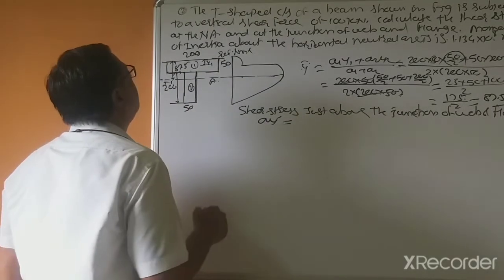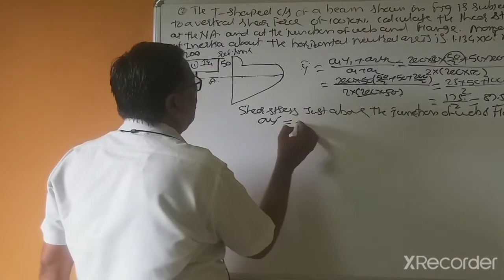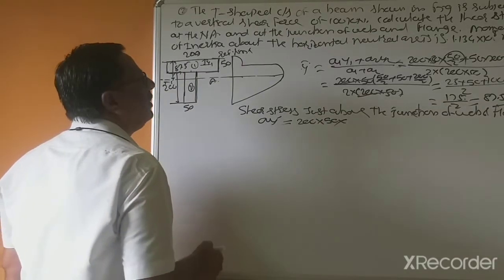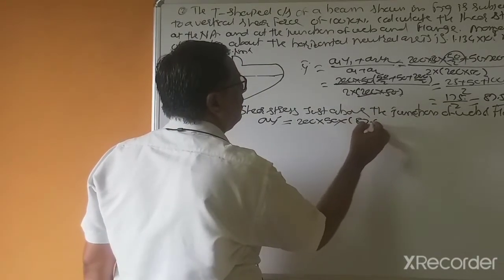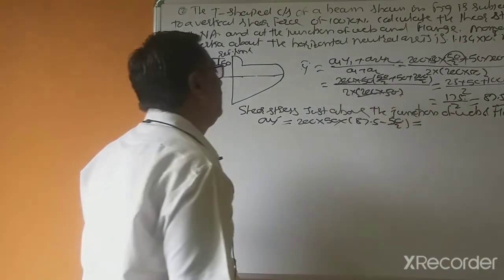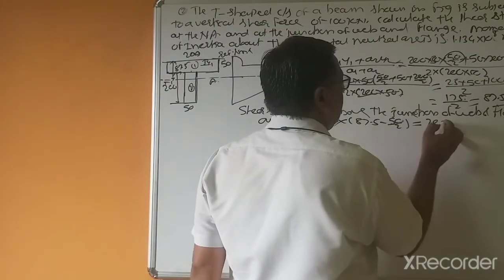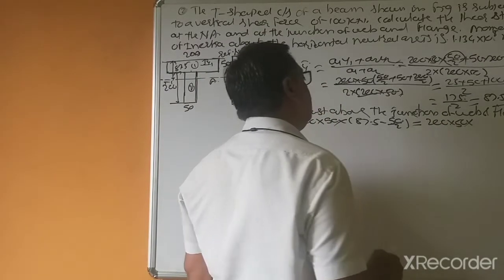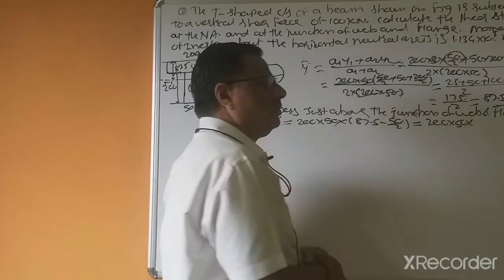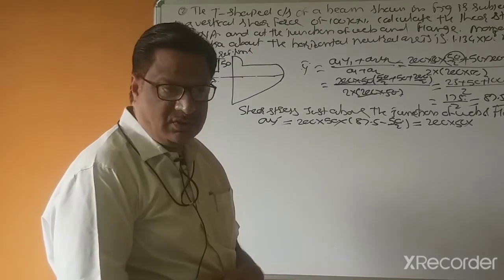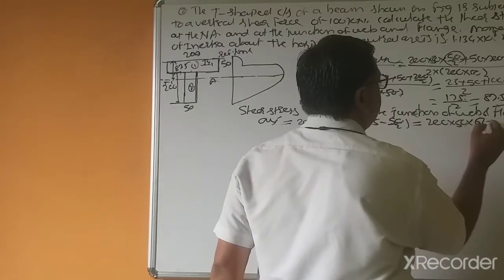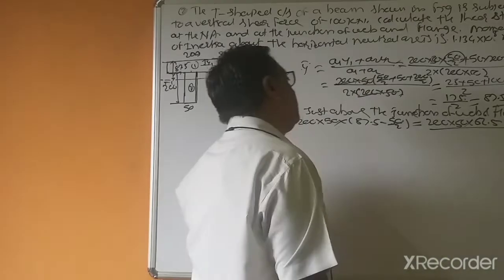A y bar equals 200 multiplied by 50 into 87.5 minus 50 divided by 2, which is 25. So this is 87.5 minus 25. How much? 87.5 minus 25 is 67.5. No, 62.5. Right?